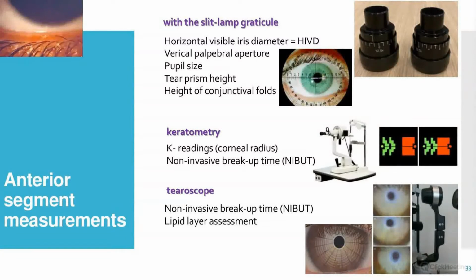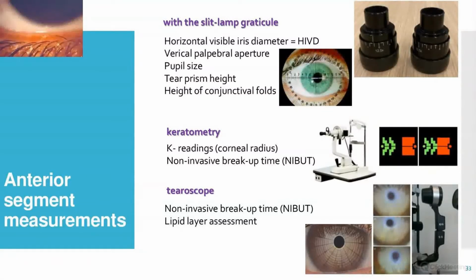Yes, keratometry is not done by the slit lamp, but keratometry is quite useful also, like in contact correction practice, to detect the base curve of the contact lenses, and also to use as a non-invasive breakup time method for patients, if you have it.